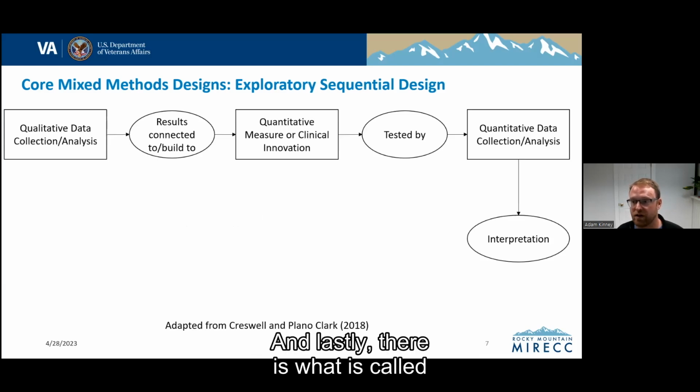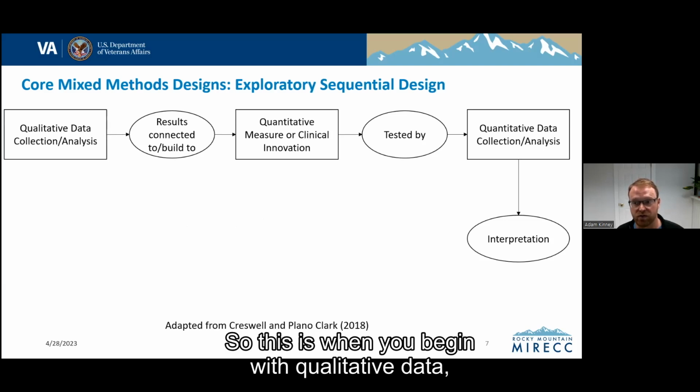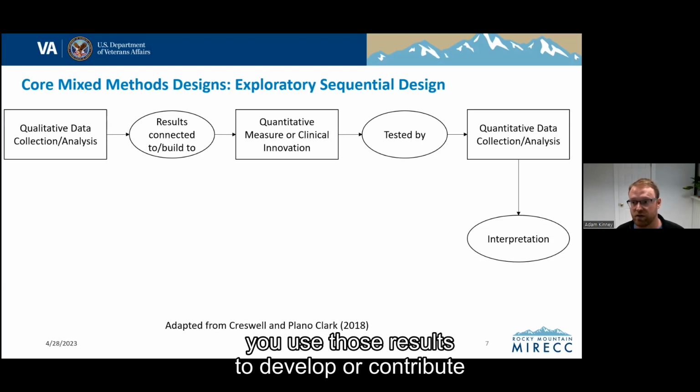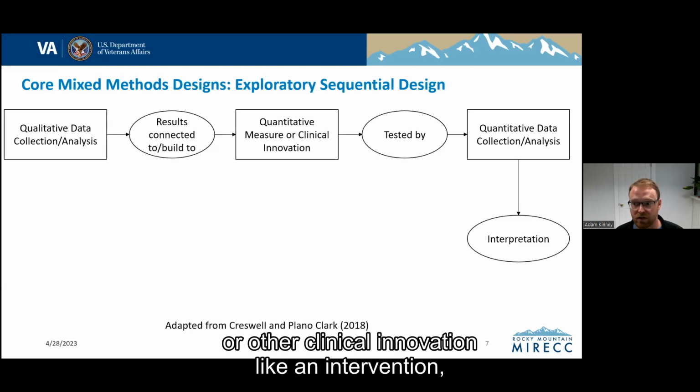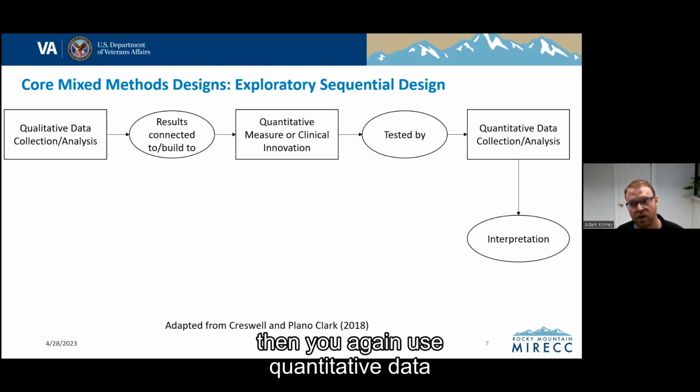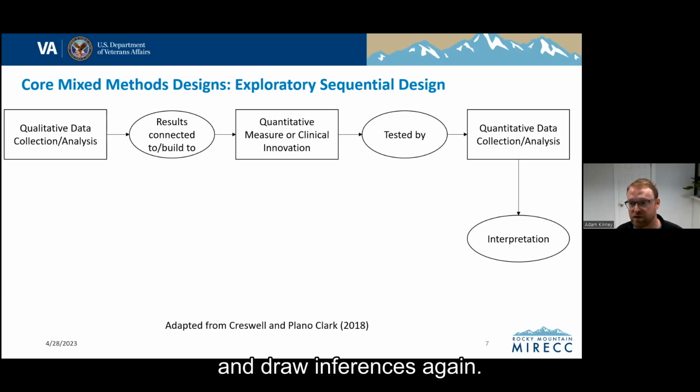And lastly, there is what is called an exploratory sequential design. This is when you begin with qualitative data, you use those results to develop or contribute an understanding of a quantitative measure or other clinical innovation like an intervention. Then you again use quantitative data to test that measure or innovation and draw inferences again.